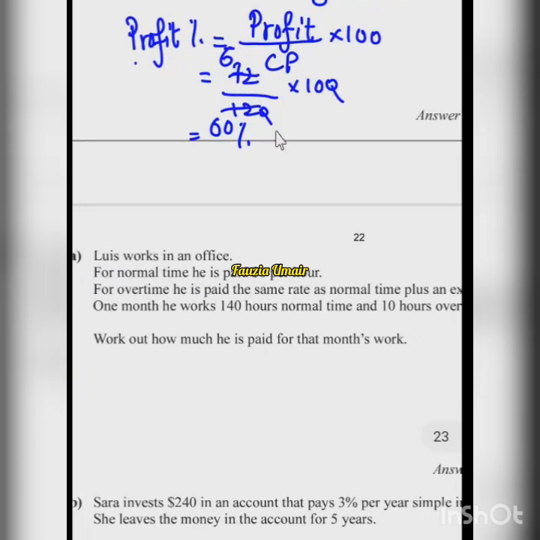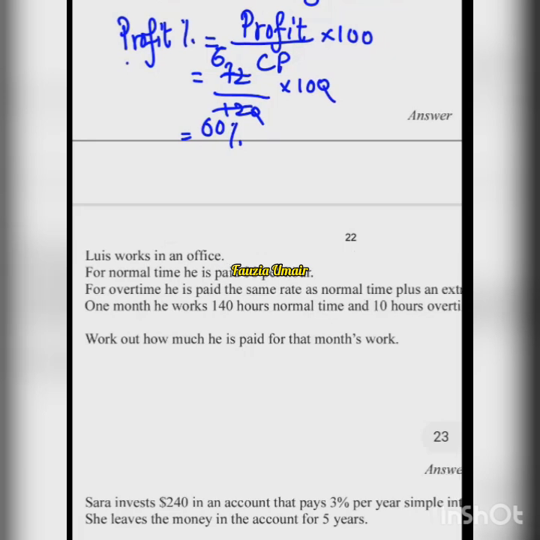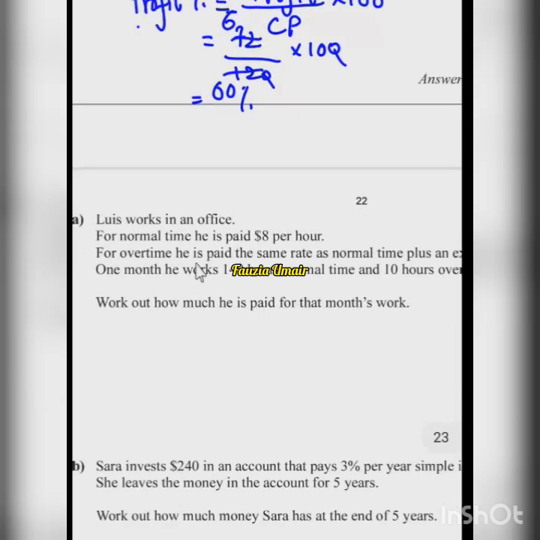For normal time, he is paid $8 per hour. For overtime, he is paid the same rate as the normal plus an extra 50%. Okay. So if he is working overtime, he is getting 50% extra. Okay. In 1 month he works 140 hours normal time and 10 hours overtime.